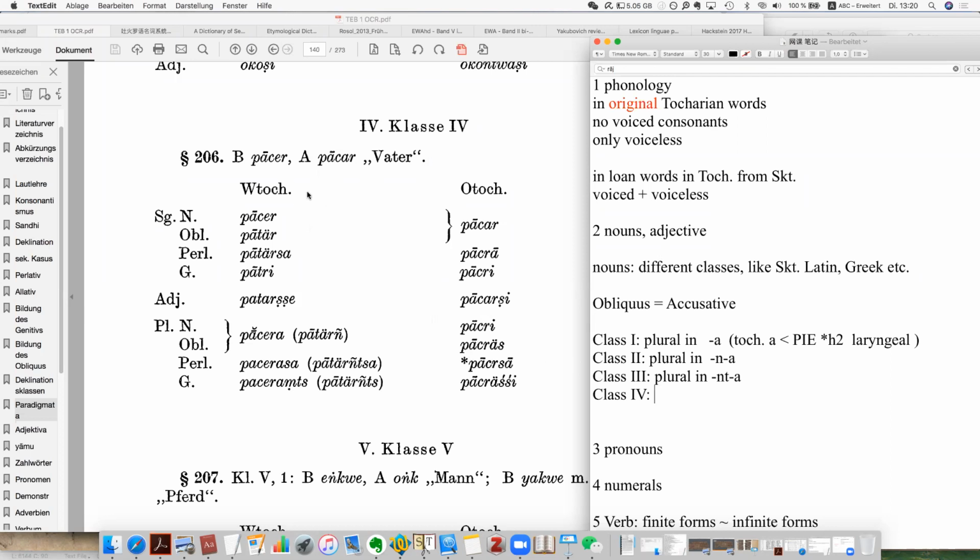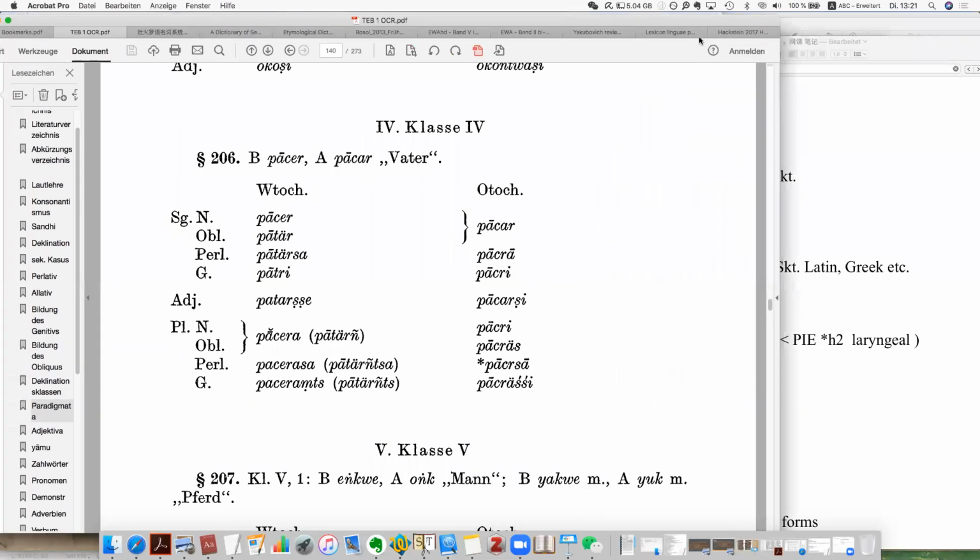So this is father, and you see the singular is called pater, and the oblique is called pater. Ah, great, kinship. Thank you. Kinship nouns. That's right.